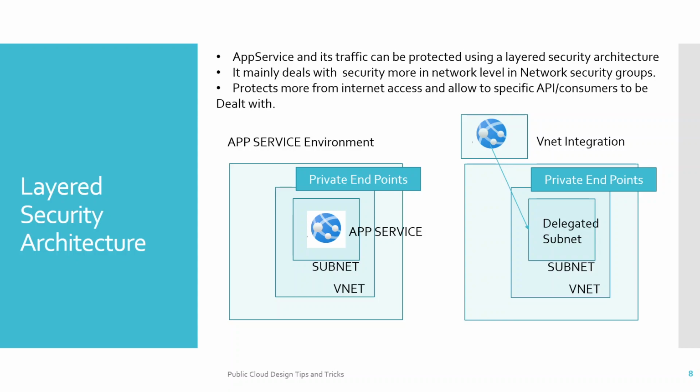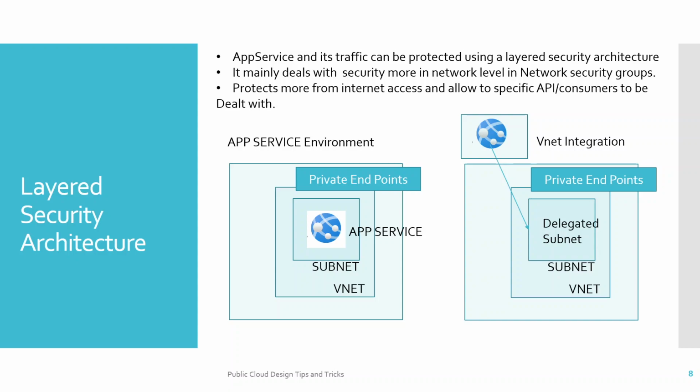If you really want to understand what a layered security architecture is, let's go back to the types of App Service. For this example, I have taken two types: App Service Environment and a VNet integrated App Service. What is an App Service Environment? It always comes with a network.